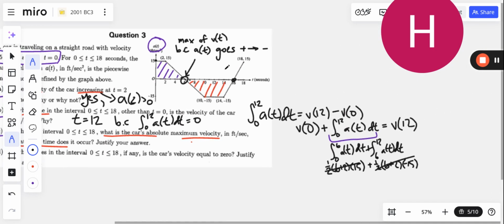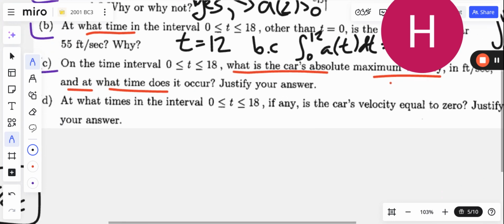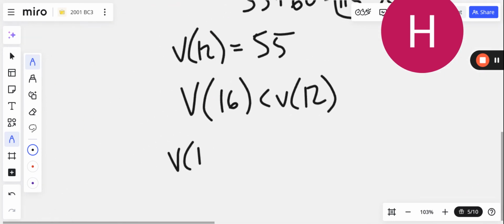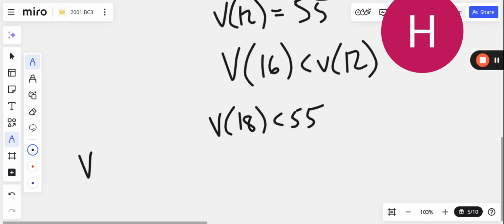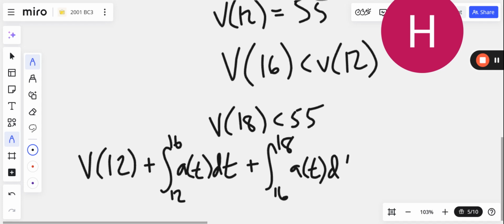And as we looked at, we don't really have to check it, but at the end of this, at 18, we have added some of the velocity back, but we do not get to 55. So I guess it's enough to just say that V of 18 is less than 55, because V of 18 is equal to V of 12, which is 55, plus the integral from 12 to 16, the negative portion that we continue subtracting, and then plus the integral from 16 to 18, which is a positive portion, but it's not more.